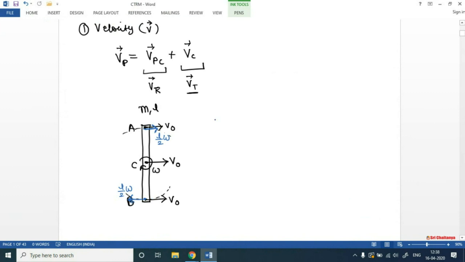So that being said, the velocity of point A will be equal to the vector sum of the velocity due to translation and the velocity due to rotation. They are in the same direction, so we will be able to write that would be v naught plus L by 2 omega.